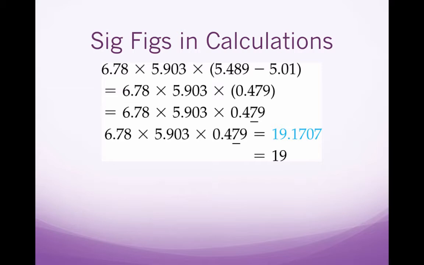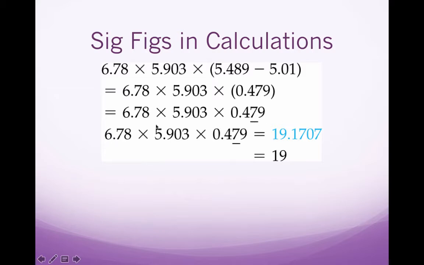When we did that subtraction, our answer should have 2 decimal places because our 5.01 has 2 decimal places, whereas 5.489 has 3. But what we want to do in a calculation is keep one digit after the significant figure. But we'll underline where our significant figures end.